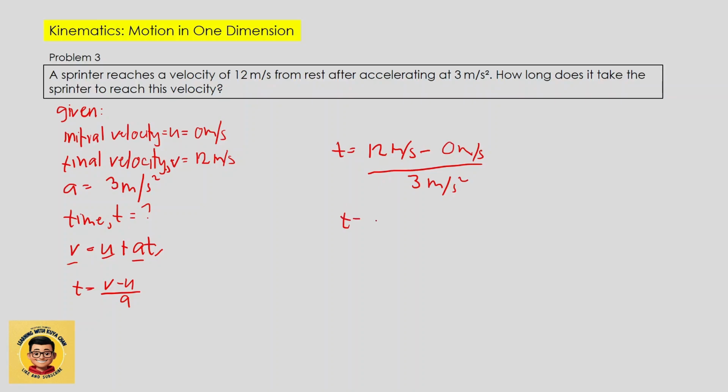So our t will be 12 meter per second over 3 meter per second squared. So that will give us a time t equal to 4 seconds. So it will take 4 seconds for the sprinter to reach the velocity of 12 meter per second starting from rest after accelerating at 3 meter per second squared.